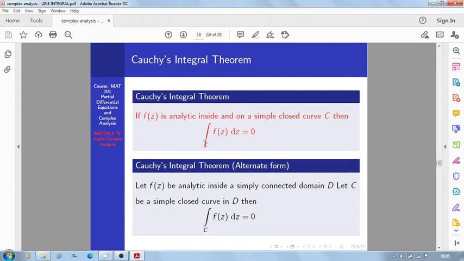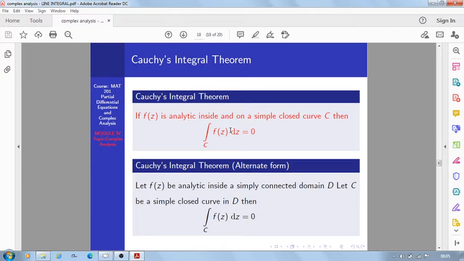If C is a closed curve, the initial point and terminal point are the same. So we have seen in the previous class that the line integral of an analytic function is F of b minus F of a, where capital F of z represents the integral of small f of z. For a closed curve, b and a will be the same.